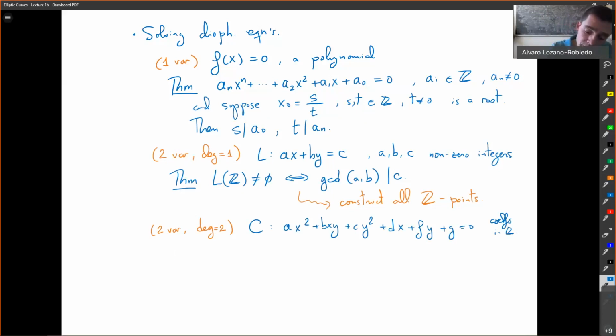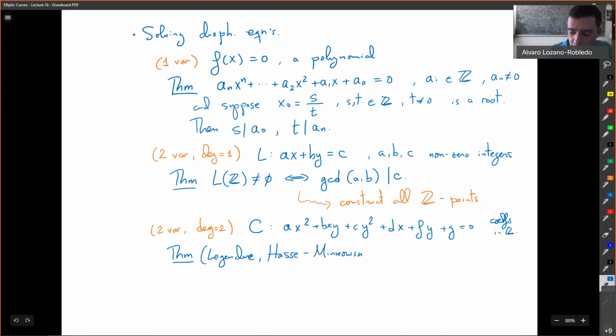A big theorem that probably Legendre needs some credit for, and also Hasse-Minkowski, says that, well, we're going to assume, as I said, that this is a smooth conic.